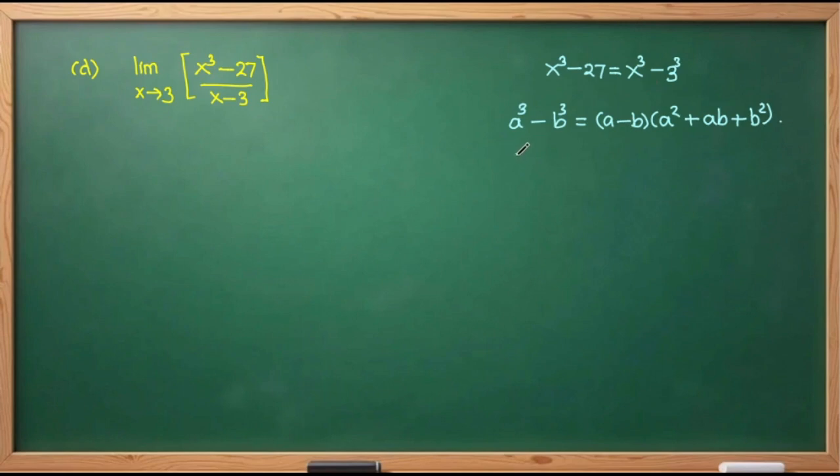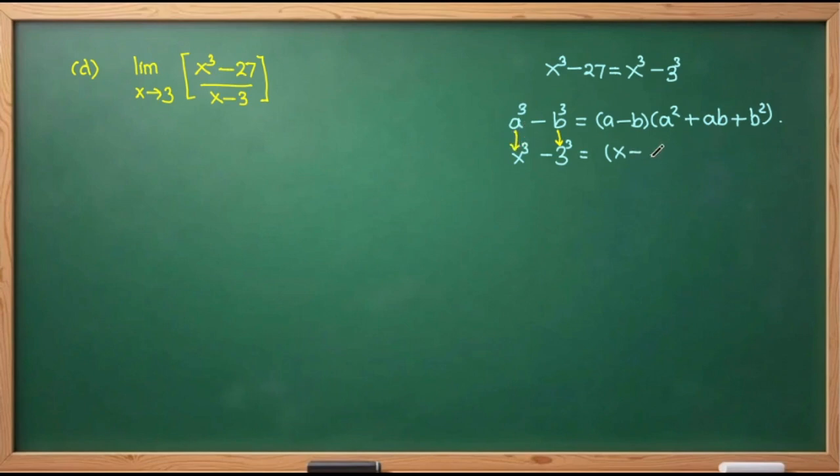So putting in here, just like how we did it in difference of two squares, we have here x cubed minus 3 cubed. So wherever we get a, we replace it with x. So we have here x minus, and whenever we get b, we replace it with 3. So 3 is going to replace b, meanwhile x is replacing a.